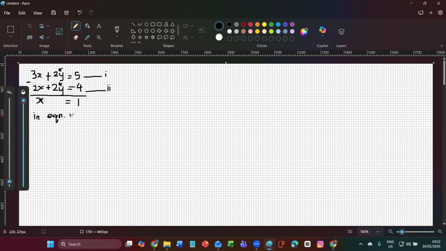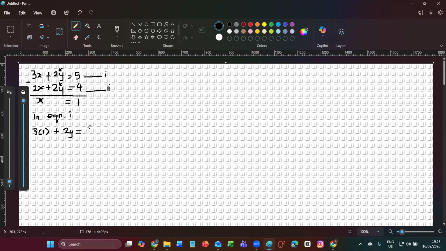Okay. All right. So I'm substituting in equation 1. That means anywhere I see x, I can put 1. So that's going to simply be 3 times 1 plus 2y, because we don't know y yet, and all that is equal to 5.